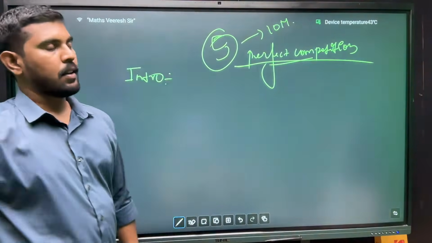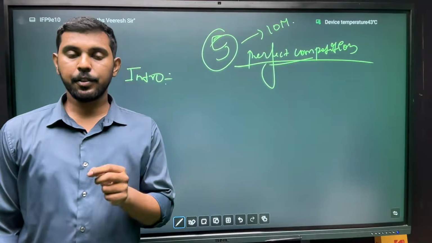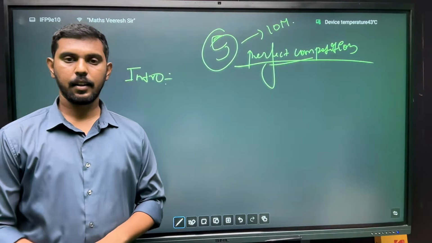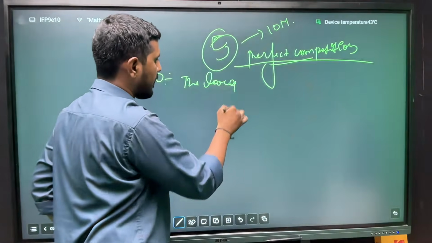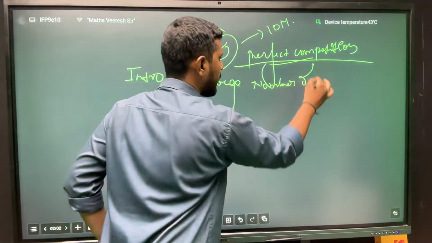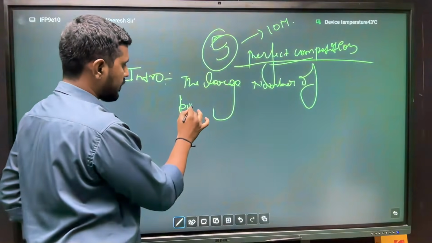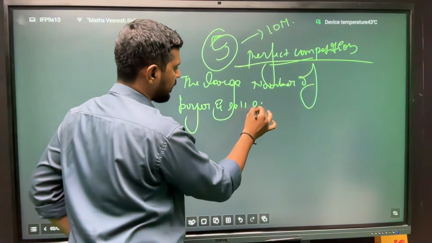Coming to the perfect competition introduction. Here in perfect competition, there will be a large number of buyers and sellers.